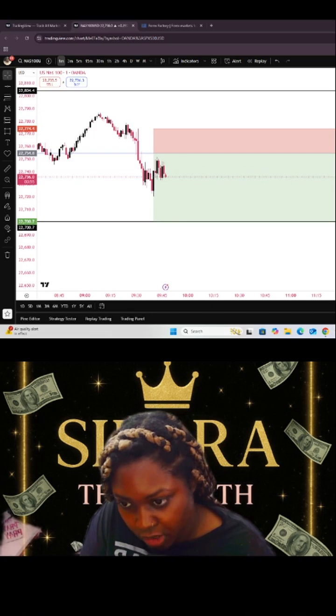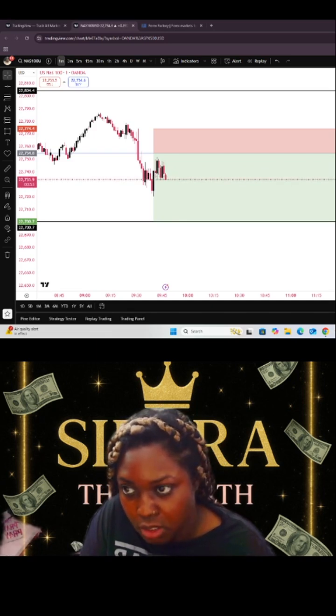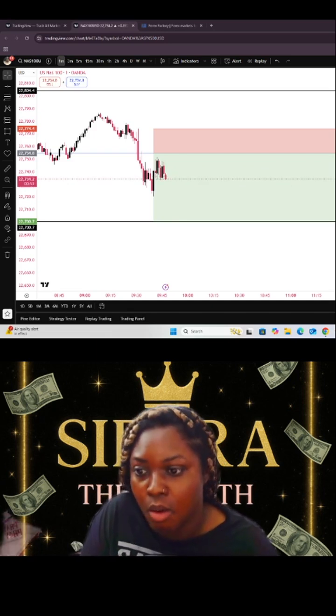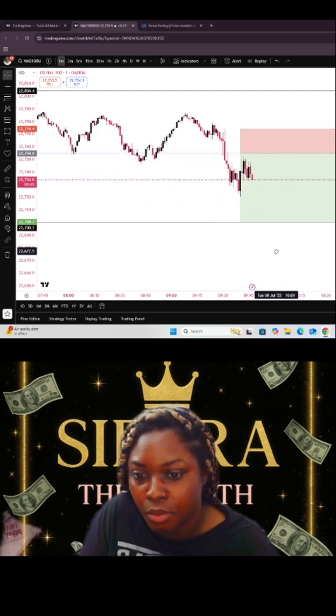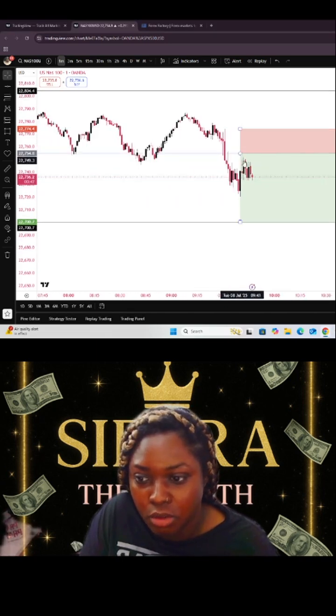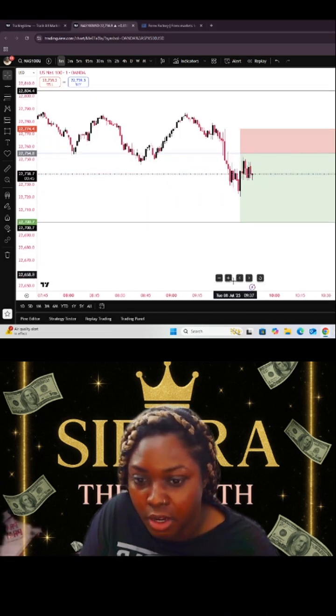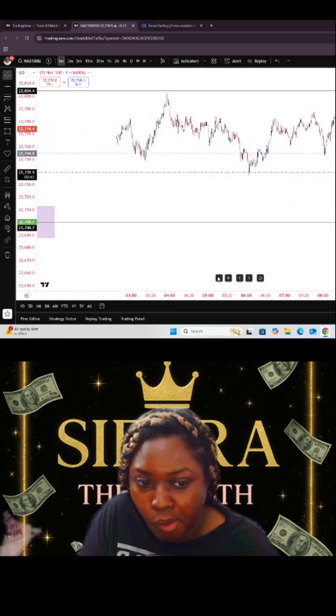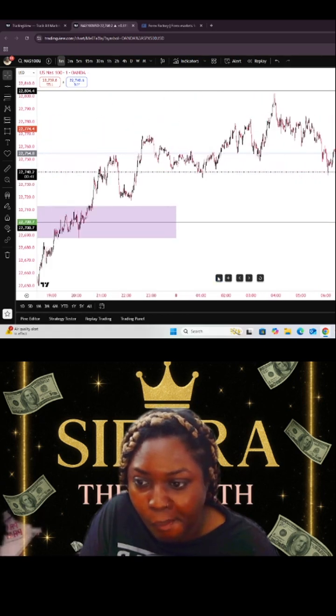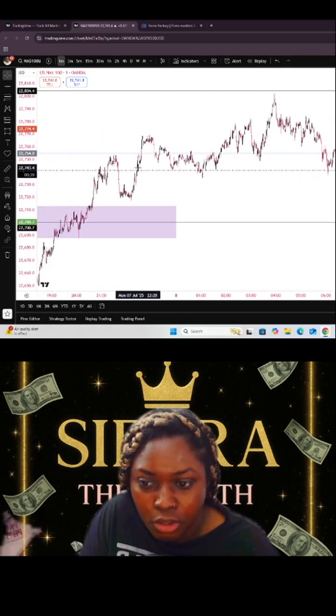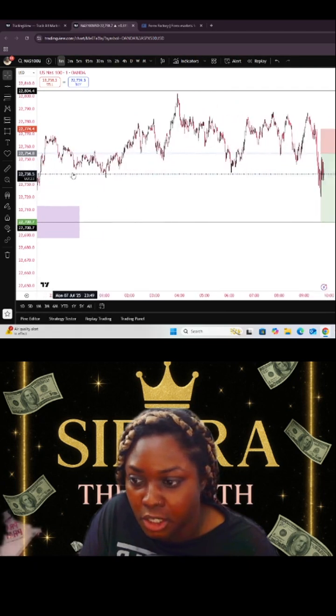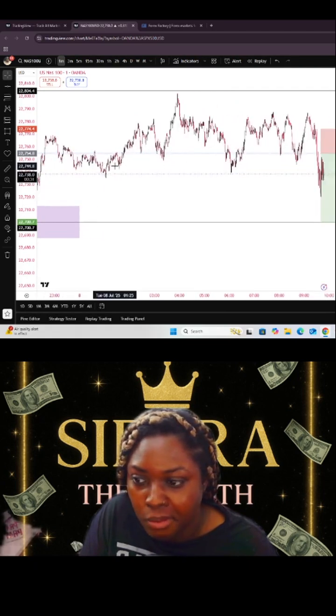It's 8:47. We got 2 more minutes until this next 5 minute candle closes. Looks like price is trying not to break above this area. I do see a gap here, which caused all of this rejection throughout here.